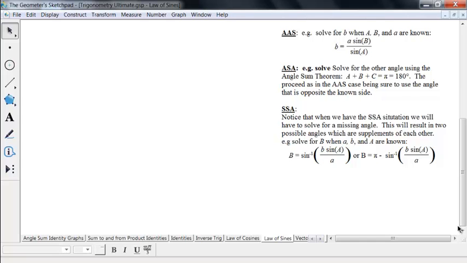Sometimes once you get going in solving a triangle, once you have 4 pieces of information or 5 and you're looking for that last 1 or 2 pieces, you have multiple ways of going at it. So you might be able to use law of sines or law of cosines or the angle sum theorem. But in the angle-side-angle or side-side-angle conditions, you have to start with the law of sines.